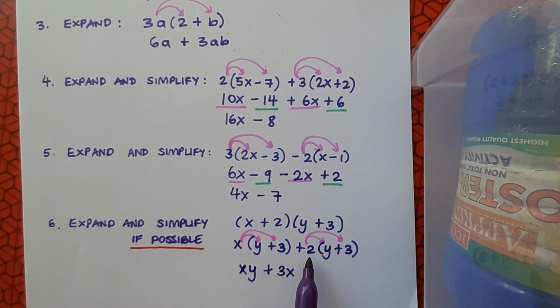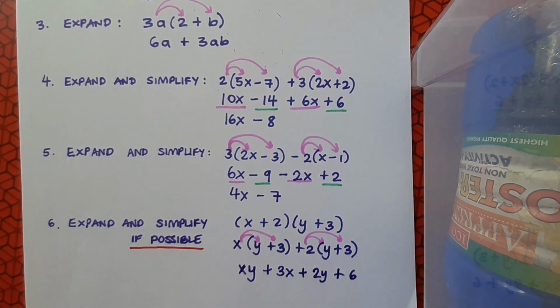I'm multiplying +2 by y to get +2y, and I'm multiplying +2 by +3 to get +6. Looking through these terms to see if I can simplify, I notice that none of these terms are like terms. Nothing ends in the exact same set of variables. So I actually can't do any further simplification in this question, and my solution is xy + 3x + 2y + 6.